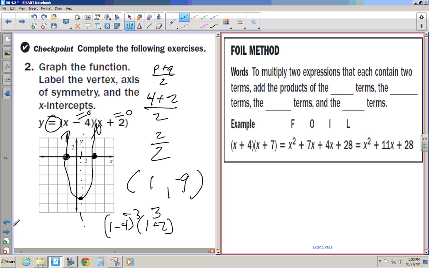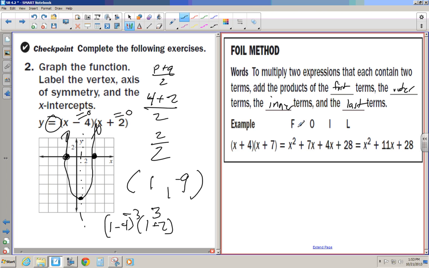And now we need to talk about how to make intercept form or vertex form into standard form. So to multiply two expressions that each contain two terms, add the product of the first terms, the outer terms, the inner terms, and the last terms.